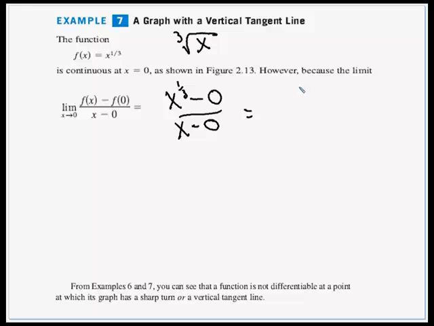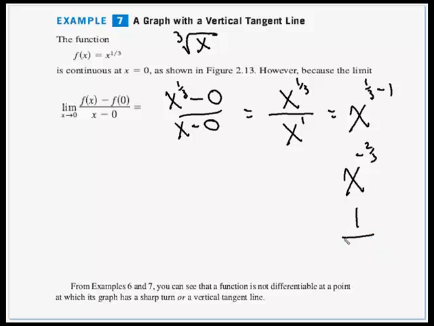So what I'm left with is x to the 1/3 divided by x to the 1st. And because the bases are the same, I can subtract the exponents. So that's going to be the same thing as x to the 1/3 minus 1, or a third minus 1, is -2/3. X to the -2/3. And to get rid of that negative exponent, we could rewrite it as 1 over x to the 2/3.